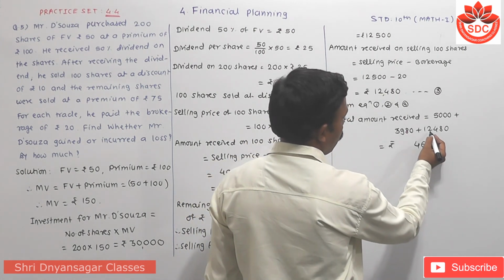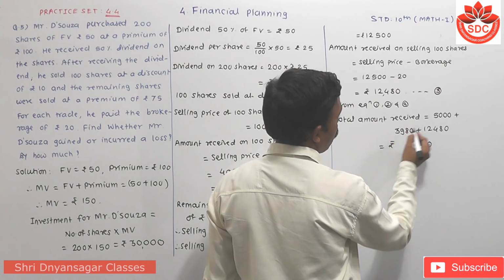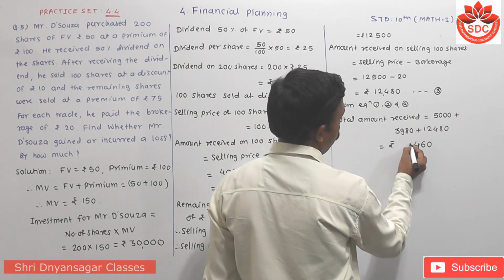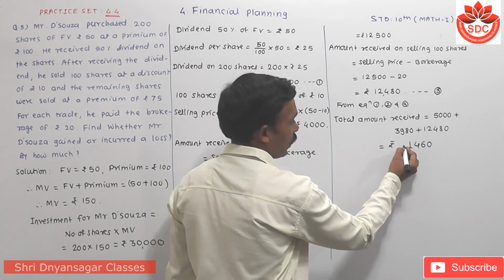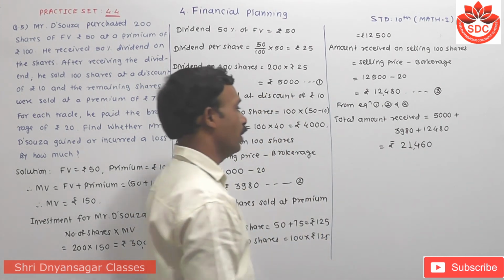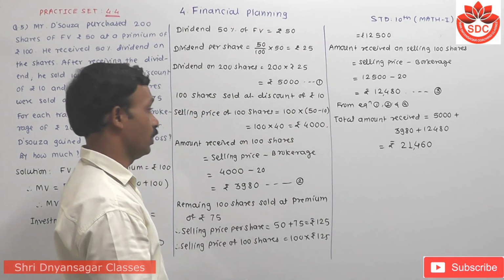Then 3 plus 3 is 6 plus 5 becomes 11, carry is 1, then 1 plus 1 becomes 2, meaning 21,460 is the total amount received by D'Souza.